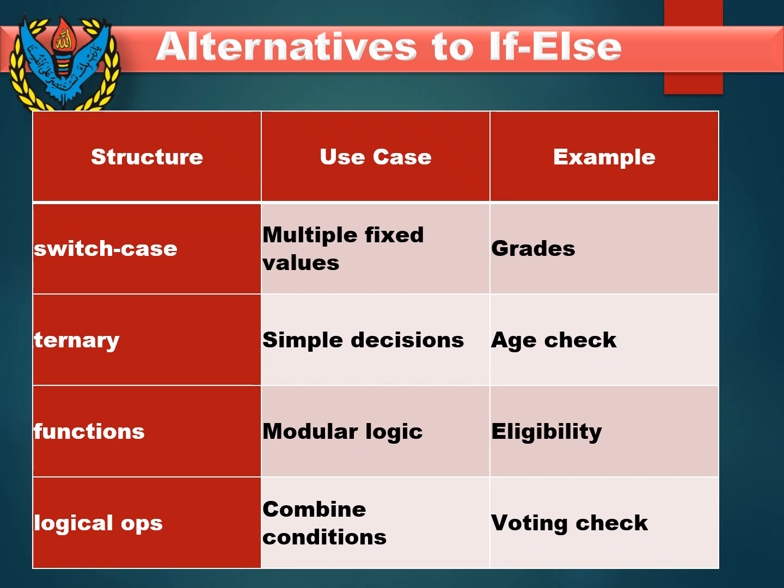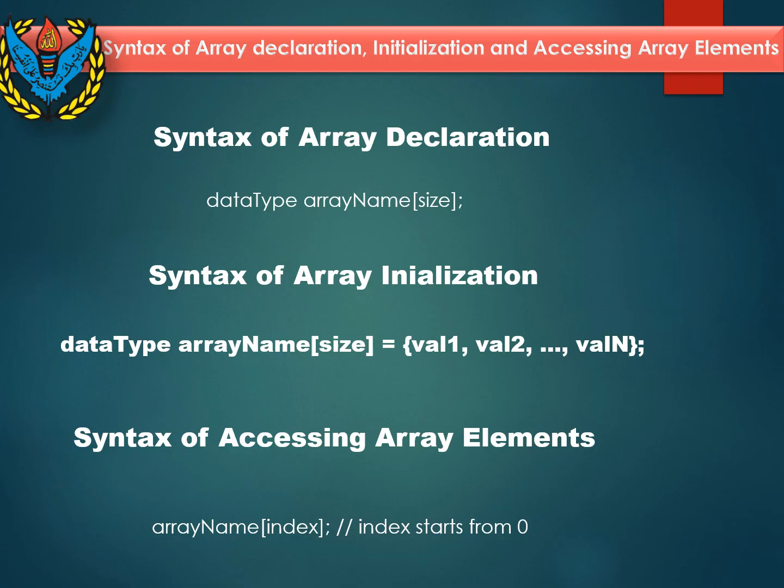Logical operators are basically used to combine more than one condition to make a compound statement. We can use the compound statement in the if statement, instead of using the nested if statement. So these are different alternatives which can be used instead of if else statement.